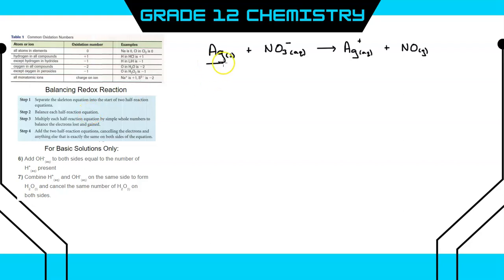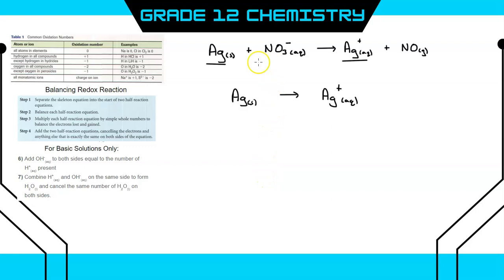So one half is going to be with silver. So let's write that down. So we have Ag as a solid, giving us Ag plus as our aqueous ion.